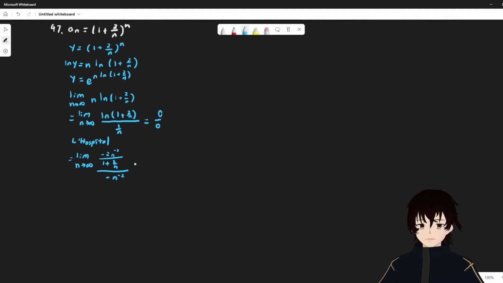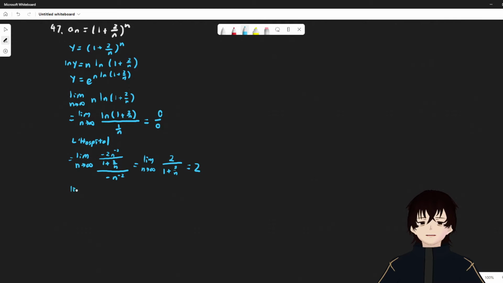Let's simplify. The limit as n approaches infinity, multiplied by reciprocals, of 2 over 1 plus 2 over n, which is equal to 2.